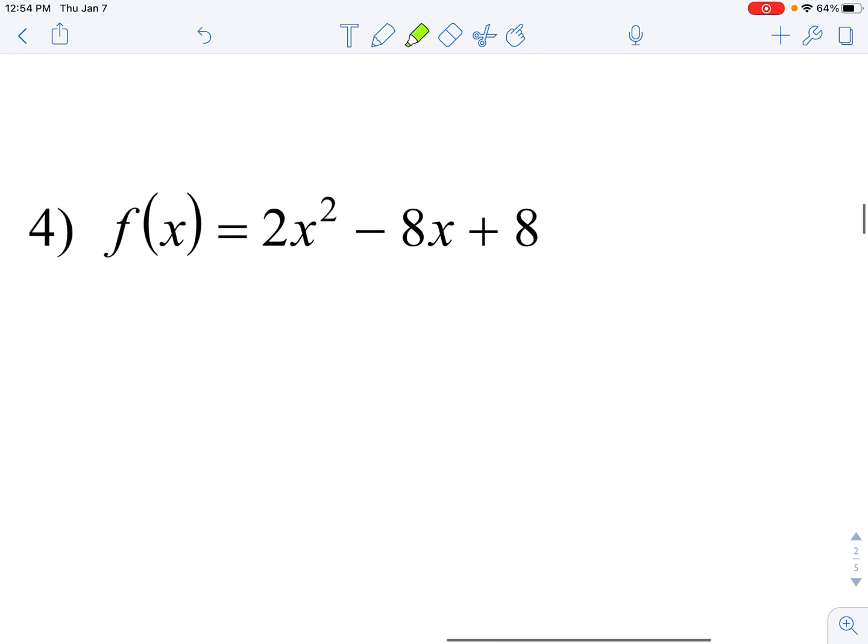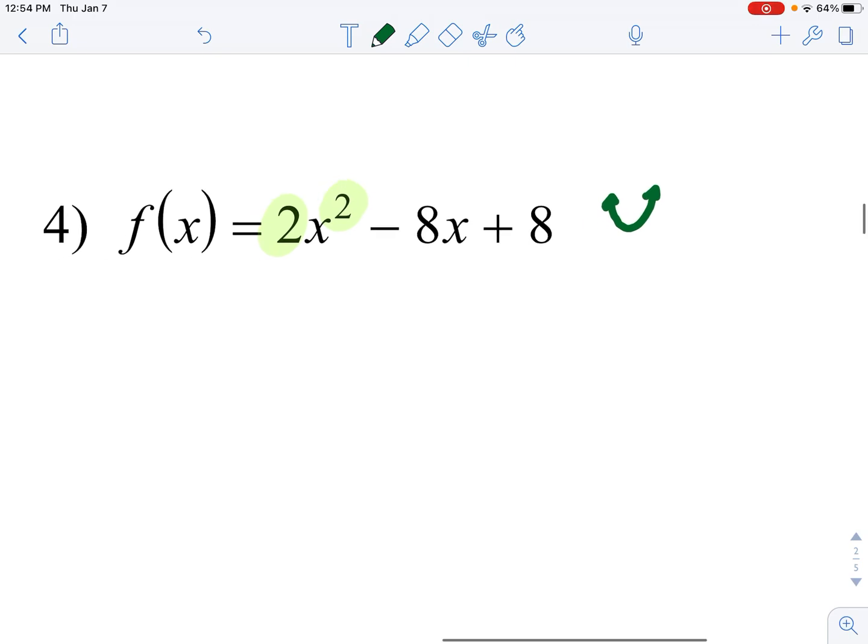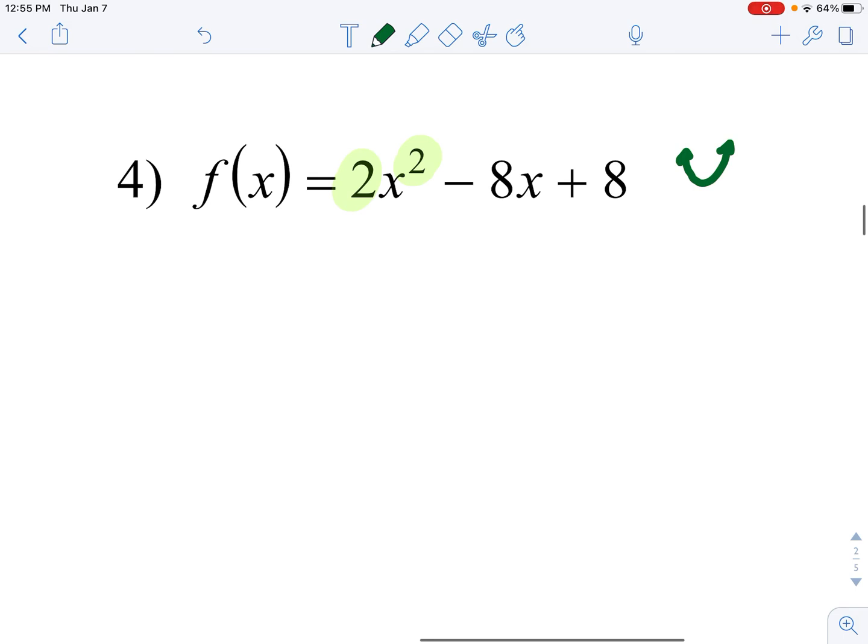So number 4, we have, oops, I like this highlighter, so I'm going to keep using it, a positive lead coefficient and an even power. Positive and even gives us this kind of shape. So it's going to go up to the left and up to the right. So how do I write that down? Up is f of x goes to infinity.